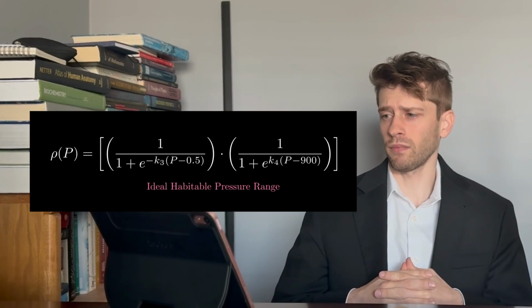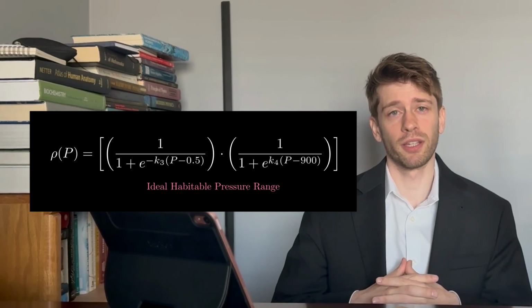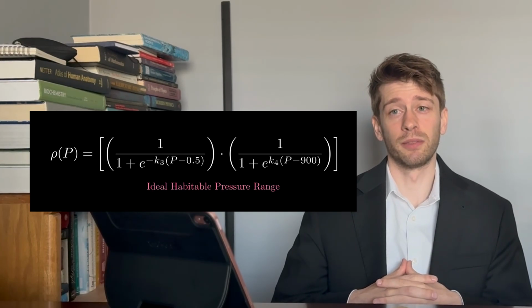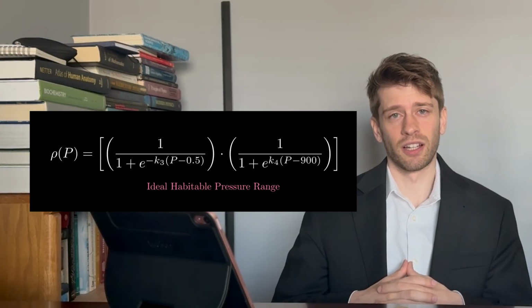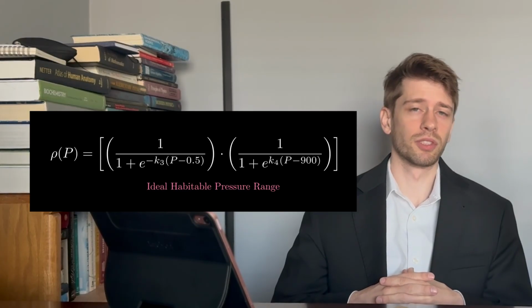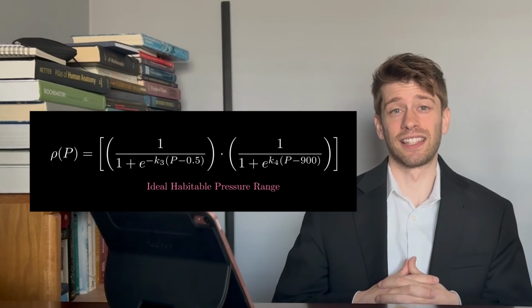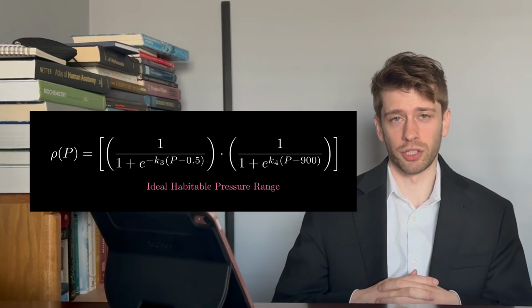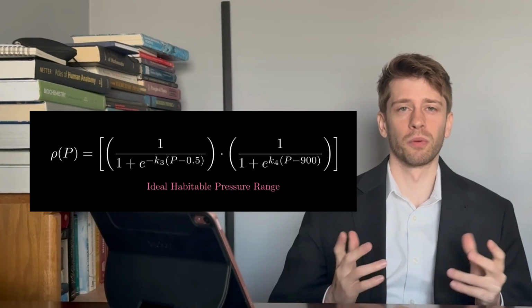Now, I also did not pick 900 atmospheres to be an arbitrary point. That is roughly how deep beneath the ocean deep sea creatures thrive and live. So there is precedent there that life could exist at this level of pressure. But if you increase it, it becomes less and less likely. So that is the whole point.